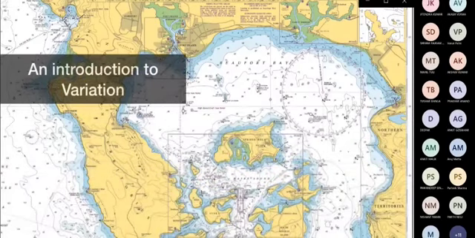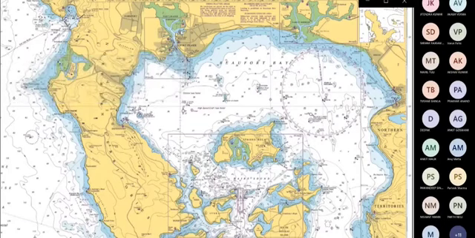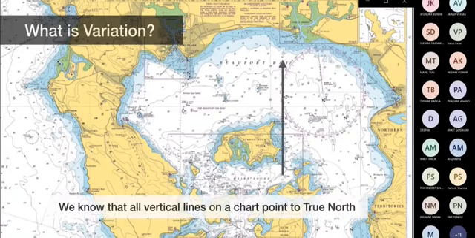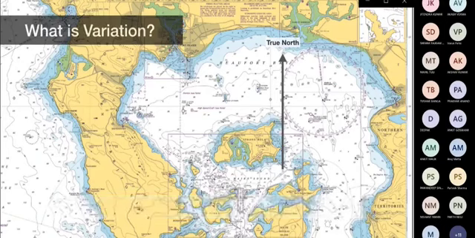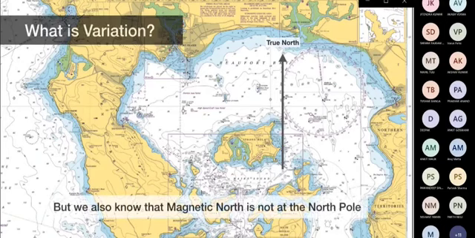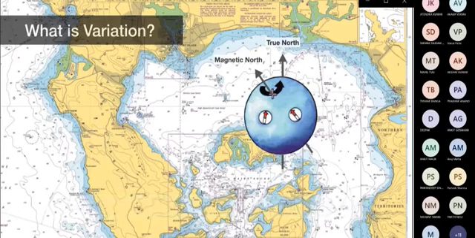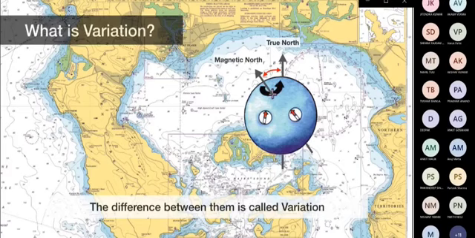Hi, welcome to this short video, an introduction to variation. So, what is variation? Well, we know that all vertical lines on the chart point to true north. But we also know the magnetic north is not at the North Pole. In fact, it's moving. The difference between them is called variation.